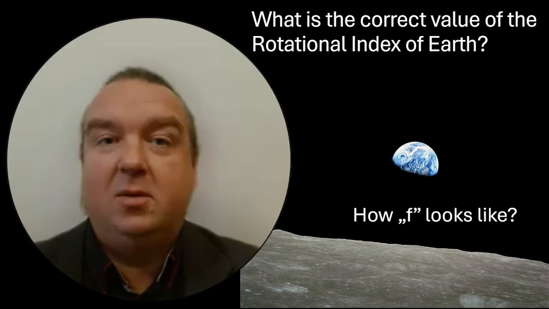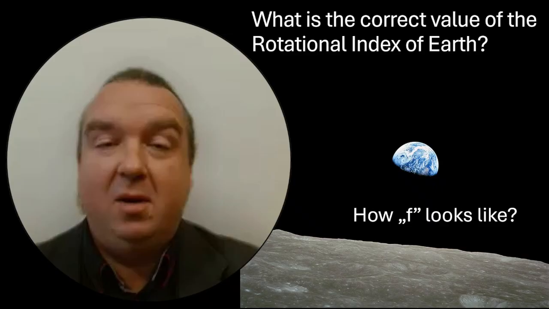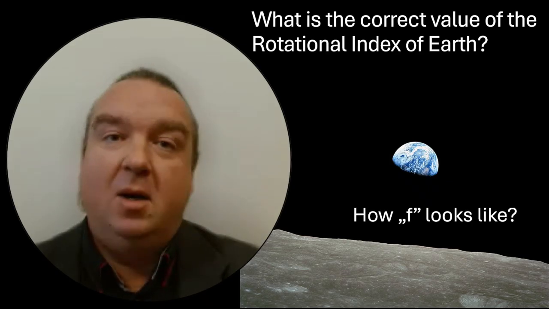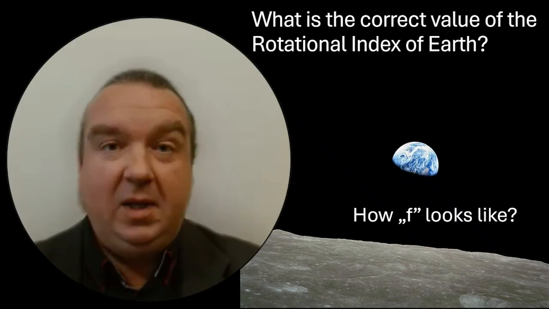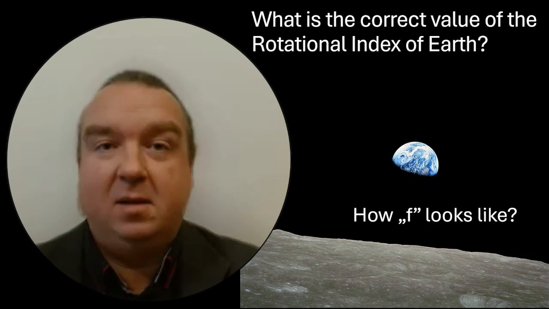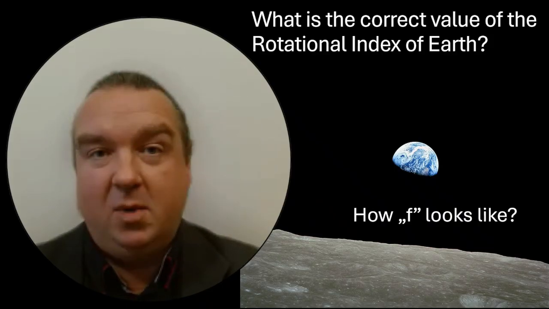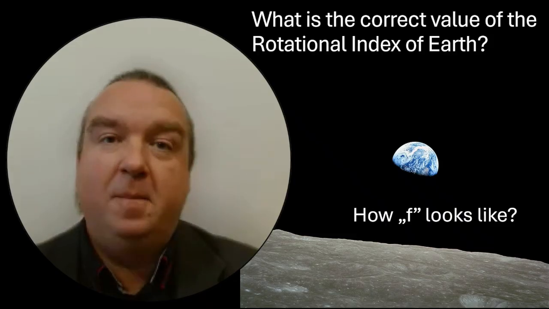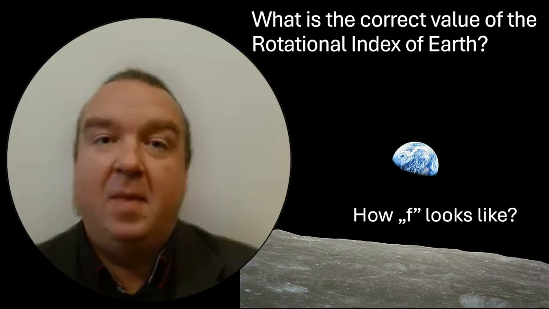To figure out these questions, I will need a simpler example than Earth, because on Earth there is atmosphere, and atmosphere has a mass and a heat capacity, and atmosphere can transfer heat in a horizontal way, and on Earth water exists, and water has a mass and heat capacity also, and water can transfer heat in a horizontal way and in a vertical way as well. So I will need a simpler example.